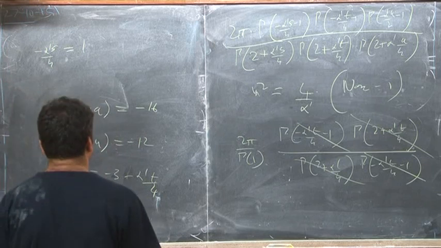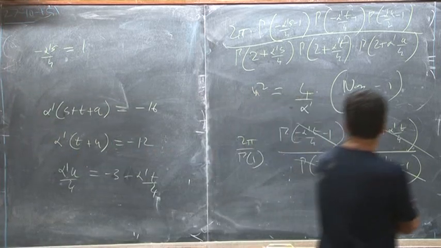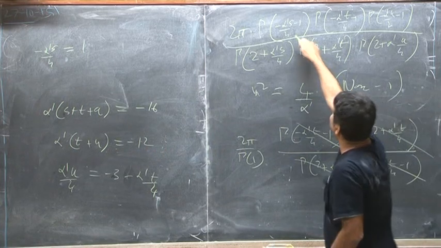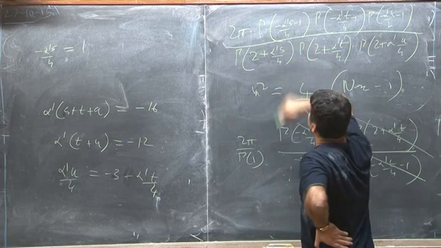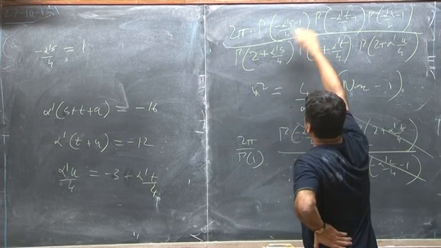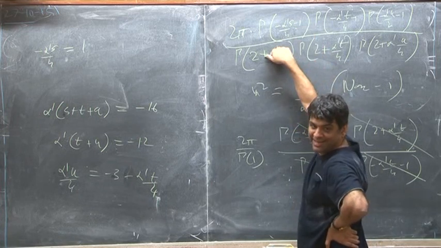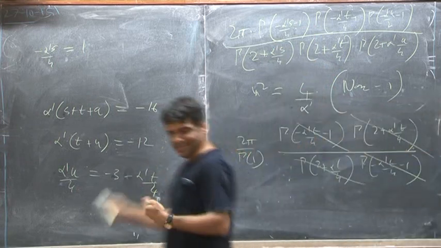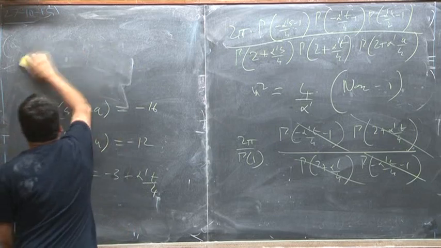Okay, let's take a few examples. Let's just look for where. You see, when this guy is negative, this guy is not going to be negative. Yeah. Okay. We'll see that in a few minutes.